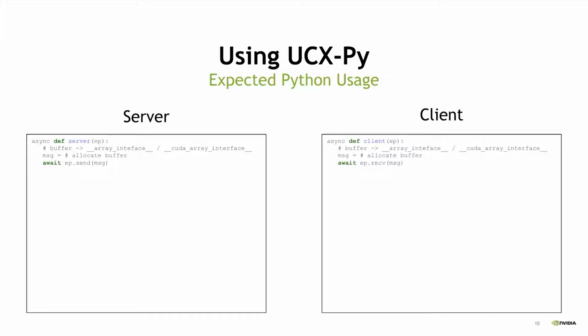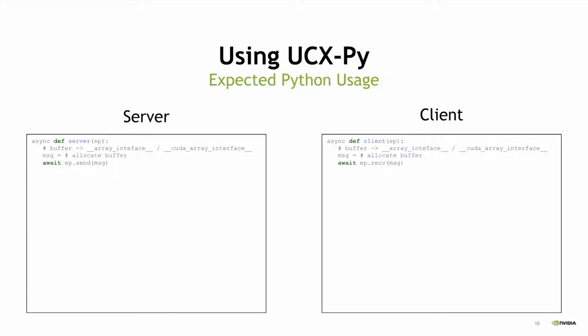And once the user has a buffer like this, like a message, you will just have an await ep send message on one side and ep receive message on the other side. So that is pretty much all the user is expected to know about. And I know for C++ developers or C developers, this may not be the most expected interface.